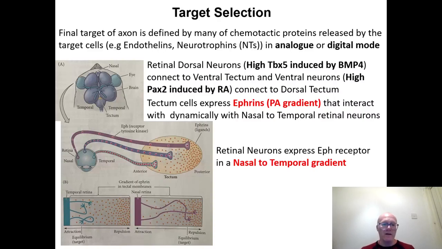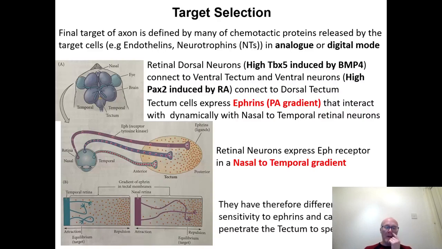So they reach the tectum and only bind there in an anterior position. So, depending on the level of expression of TBX5, PAX2, and ephrin receptor, the different neurons in the retina connect to different dorsoventral and anterior-posterior regions of the tectum.